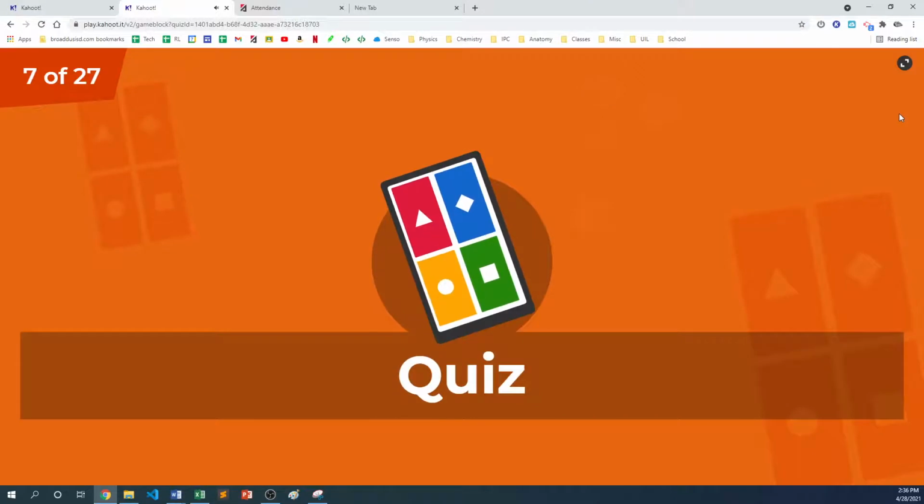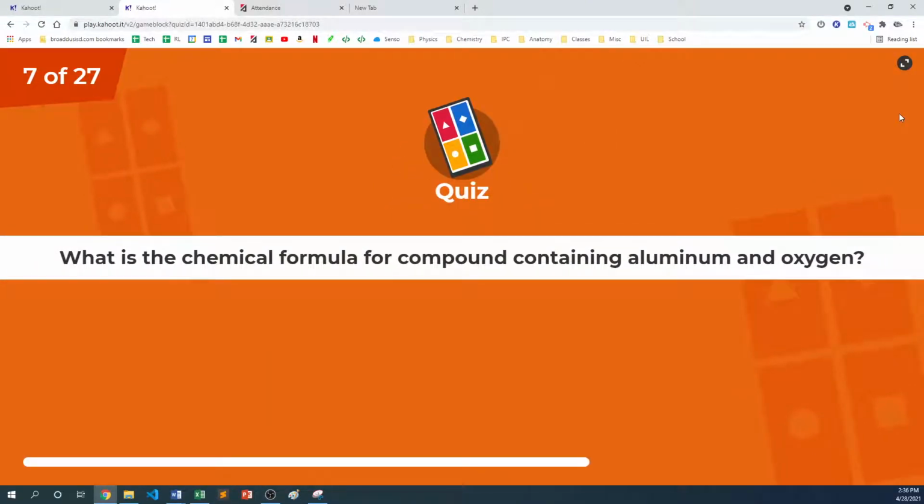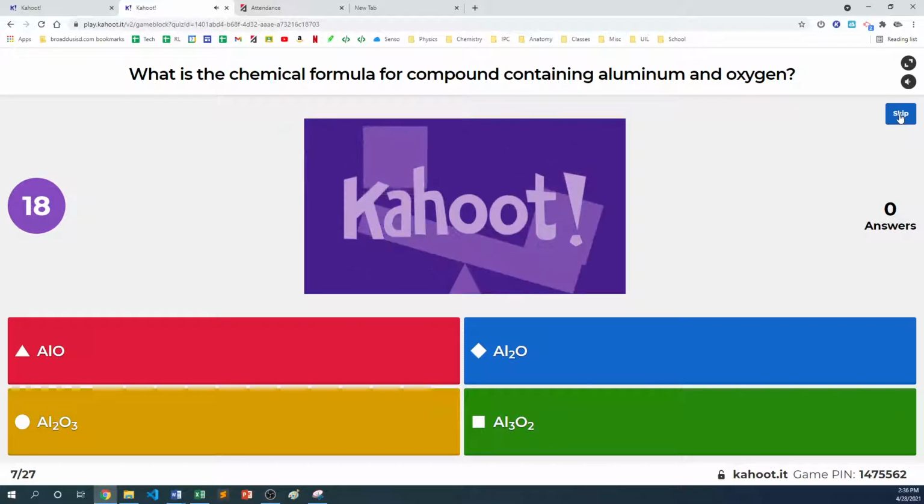Aluminum and oxygen. What's the chemical formula for aluminum and oxygen?